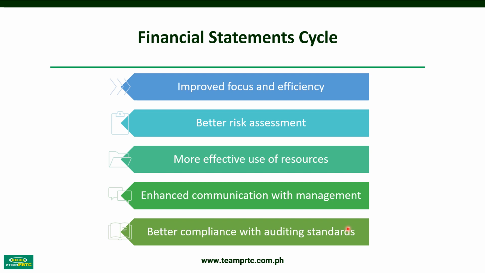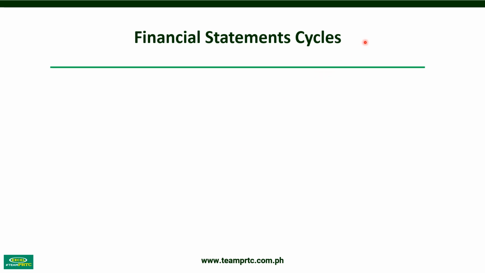So since the standard requires us to assess the risk of material misstatement of our client on both the FS level and assertions level. So as we mentioned, we are going to discuss the different FS cycle that are typically present in a medium to large manufacturing or trading company.